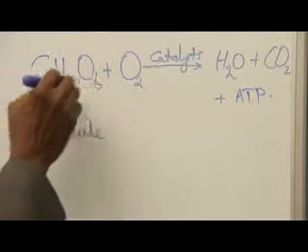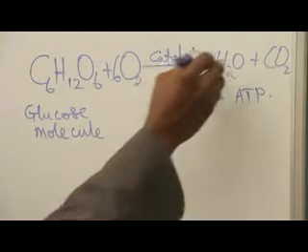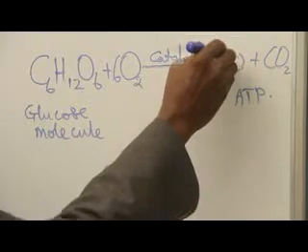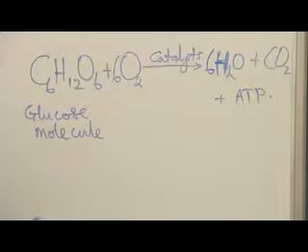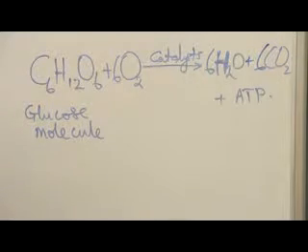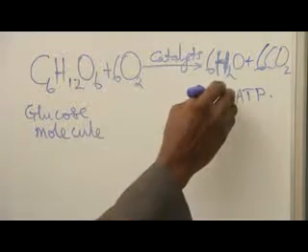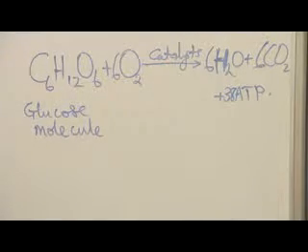To balance this equation, we will need 6 molecules of oxygen, and this, taking care of all the atoms and everything, will produce 6 molecules of water and 6 molecules of carbon dioxide. At the end of it all, 38 molecules of ATP is produced.